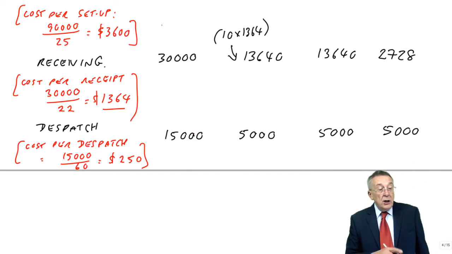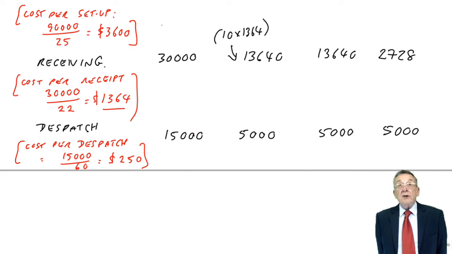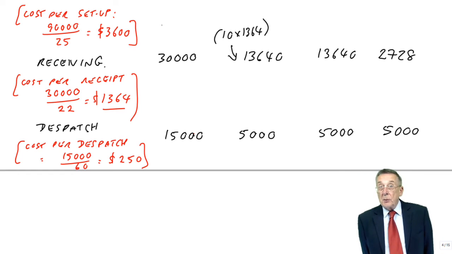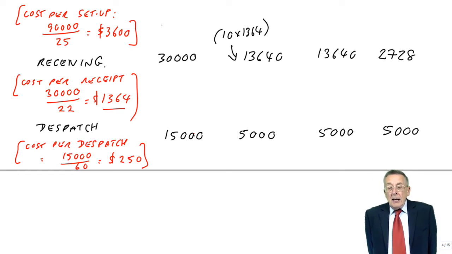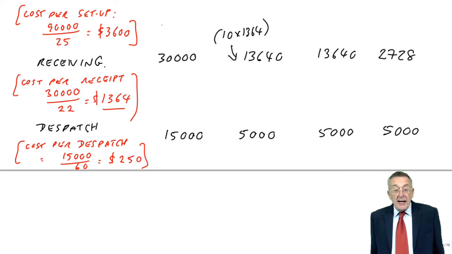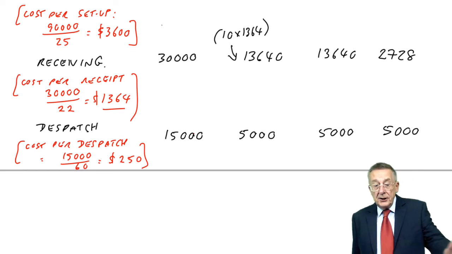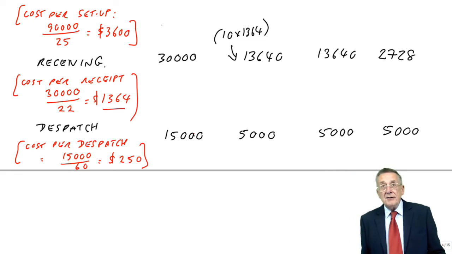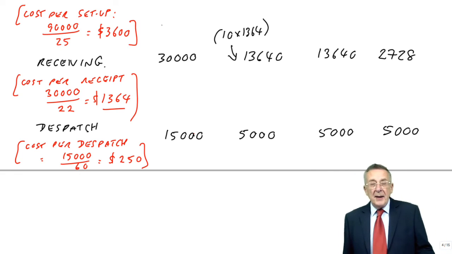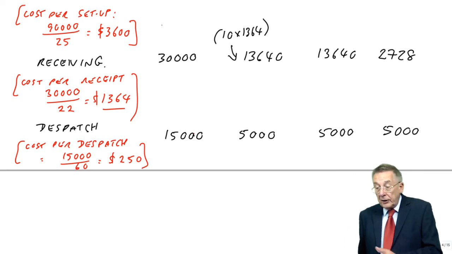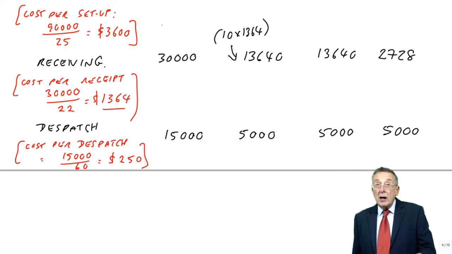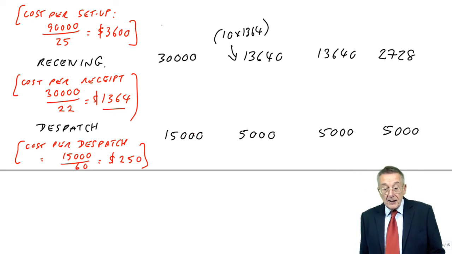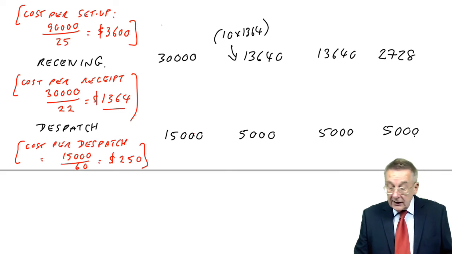Now, I'm not stupid, because they all have the same number of dispatches, I could have just divided by 3 and put 5,000 straight away. But as I said at the beginning, although you cannot be asked to do a complete example as an objective test question, any one bit of this could be asked, or in different questions, different bits. If you were asked for a cost per dispatch, obviously you need to work out that 250.